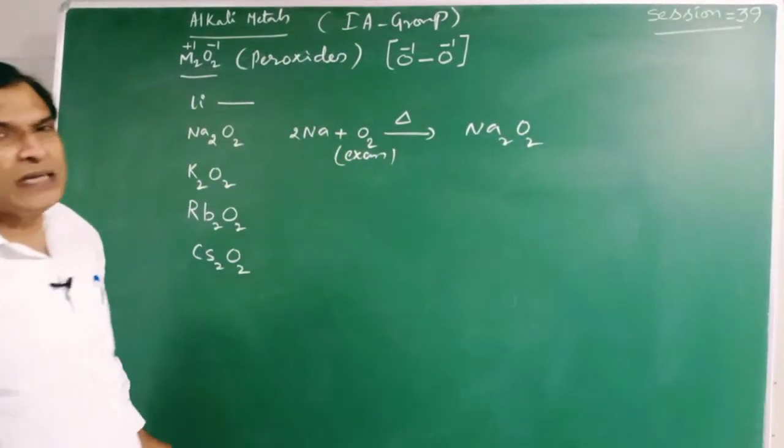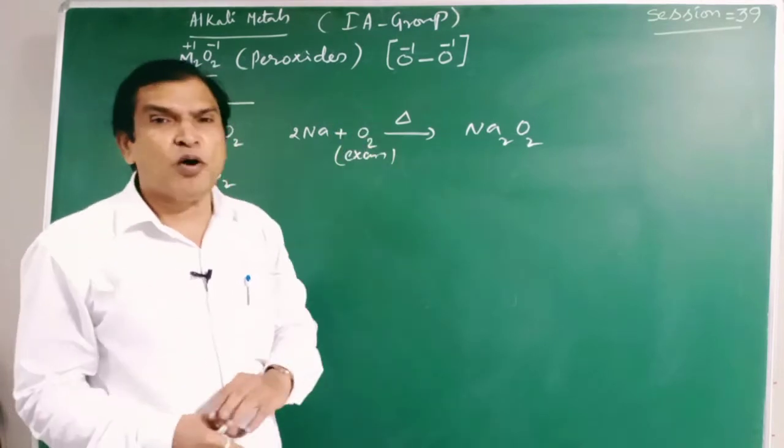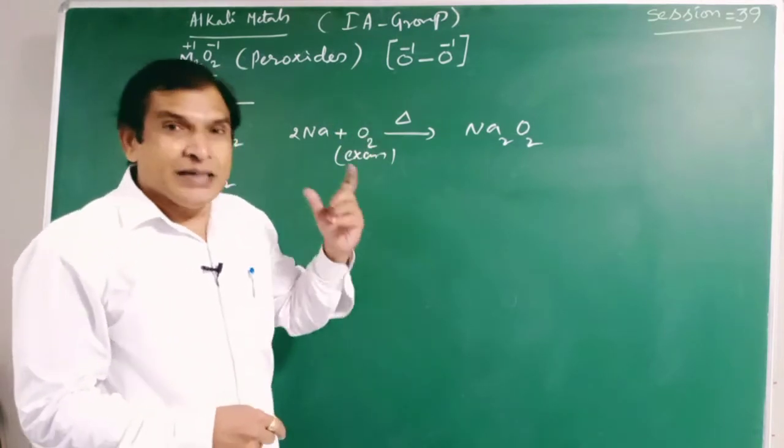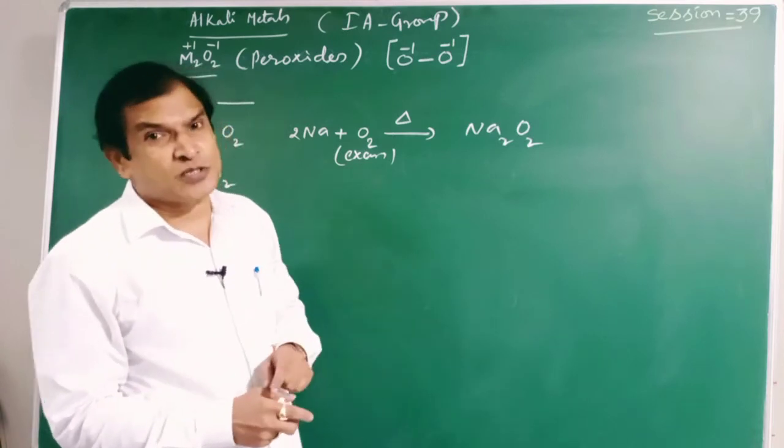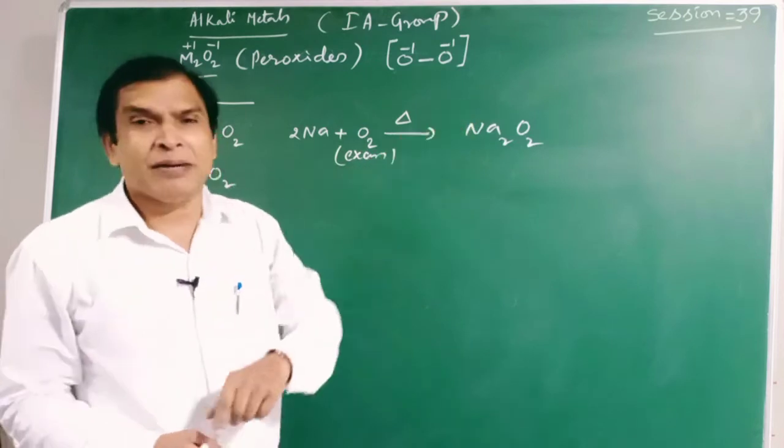Limited amount of oxygen gives oxides, monoxides, and in excess amount of oxygen it gives peroxides.